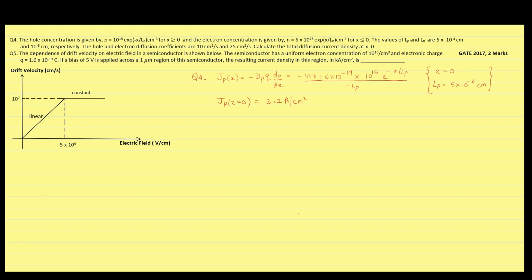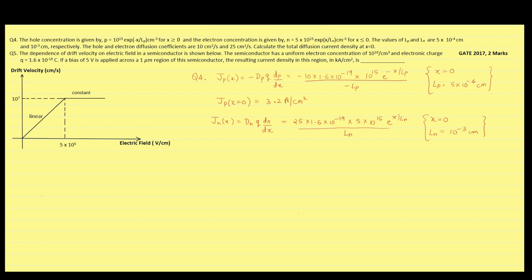Similarly, diffusion current density due to free electrons is provided by diffusion constant for free electrons multiplied by charge multiplied by concentration gradient of free electron. Here also we will put x equal to 0 and diffusion length of free electrons is provided 10 raised to the power minus 3 centimeter.